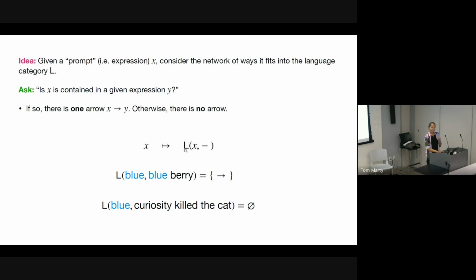What is this thing? This is a set. It only looks like two possible sets. The set contains the singleton arrow if the string I'm evaluating it on contains blue, like blueberry, or it's the empty set if I evaluate this functor on a string that does not contain the word blue. Does that kind of make sense?